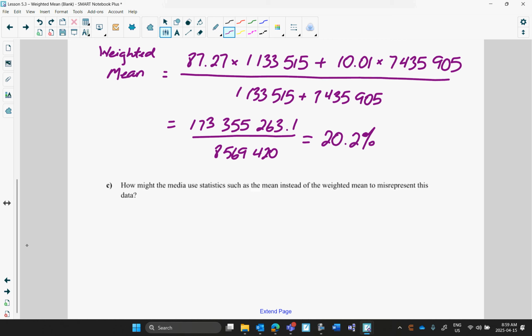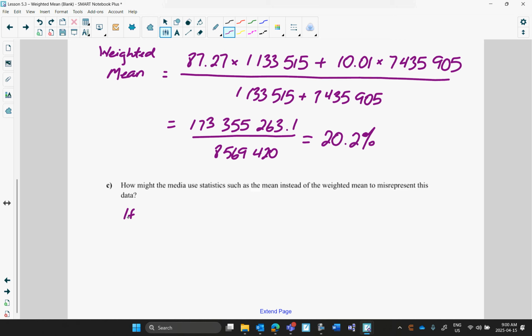Okay. If you want to portray that it's lower, you use this value. But in terms of what actually would be more correct, this value would be more correct. But you can see how you can calculate things different ways and use it to present a certain point of view.